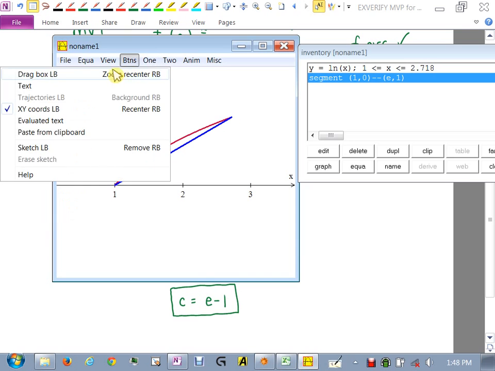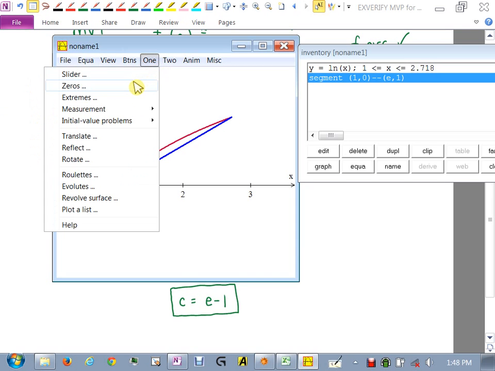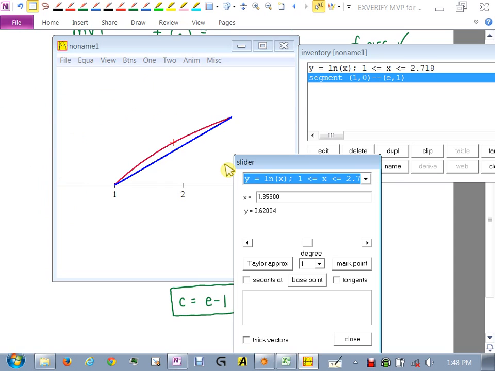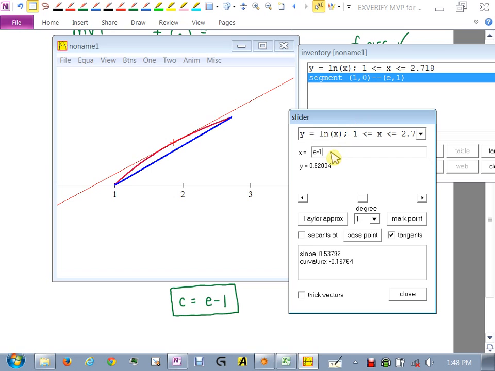Now I'm going to have the computer do it for us. I'm going to have it grab the tangent line at e minus 1. I think I'm there. I don't know. What do you think? Does that look right to you?